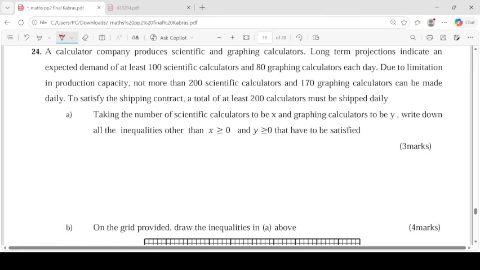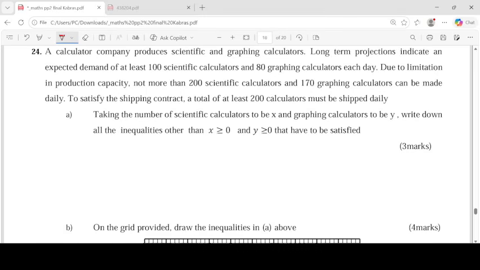Due to limitation in production capacity, not more than 200 scientific calculators and 170 graphic calculators can be made daily.